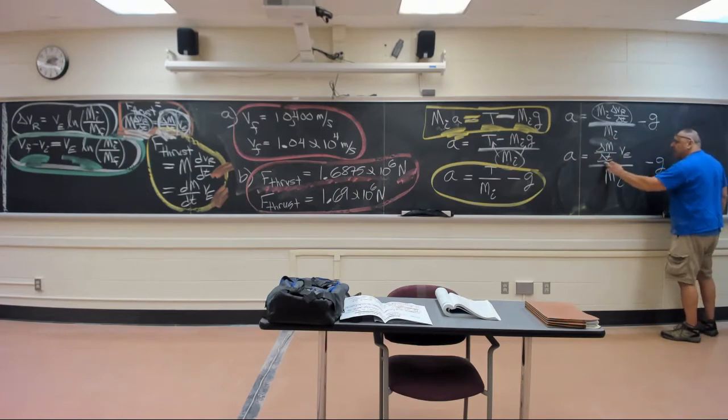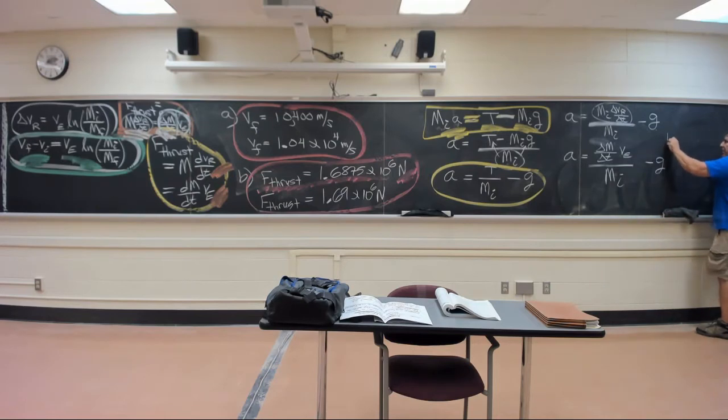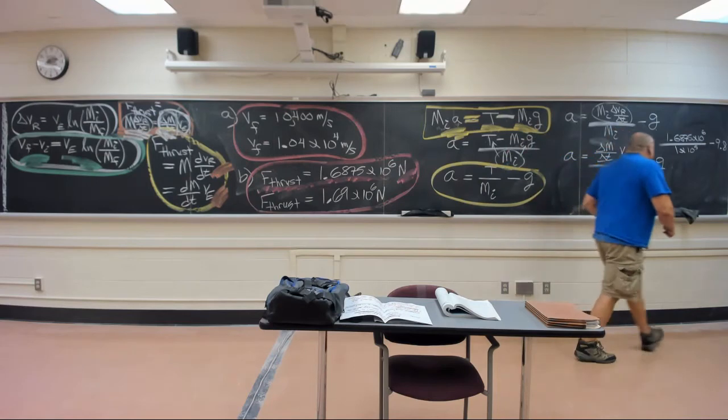That is 1.6875 times 10 to the 6th newtons divided by this guy, the initial mass, minus 9.8.